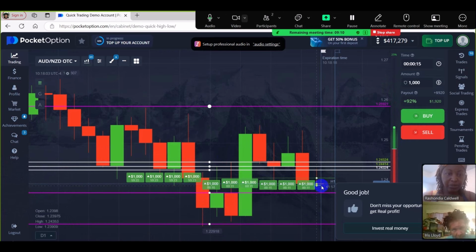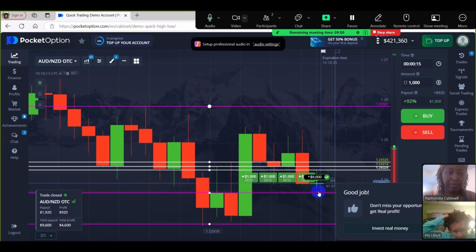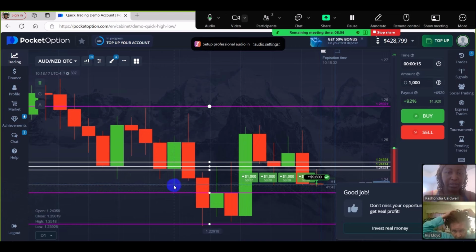See, now it's making a red candle. It's trying to push down here. So I want those because it's bouncing off of this candle right here. So that's it right there.